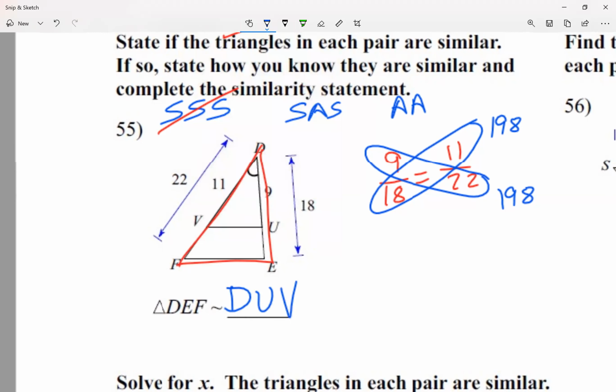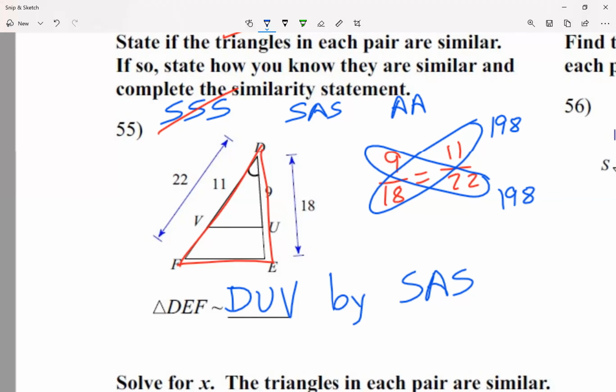I'm not quite done yet. The order matters. So DUV. If we write the three letters in a different order, like DVU, that's wrong. Order matters. So triangle DEF is going to be similar to triangle DUV by, now we had to state which rule we used. As I said earlier, we're going to use side angle side. So I completed the statement. When I complete a statement, it has to have a triangle, so DUV, and it has to have the rule. Which rule did we use?